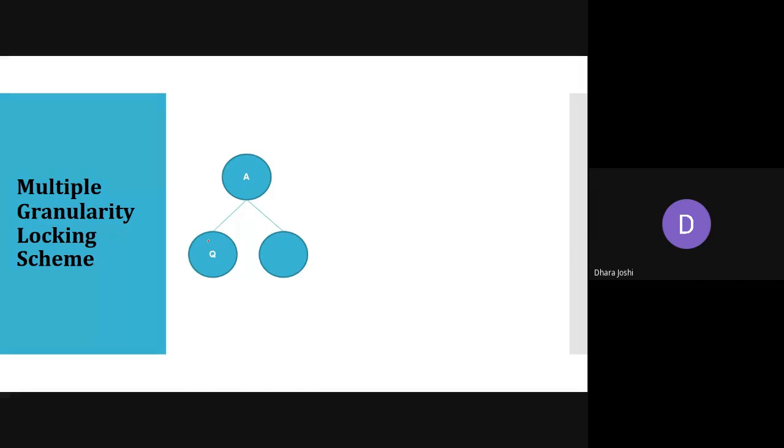If we have this kind of tree structure and I want to lock this node Q, either in the shared mode or in the intention shared mode, then I need to verify that this node's parent is node A. So A should currently be locked in either of these two lock types. This is the rule. If I want to lock node Q in either of these two modes, then I need to verify that the parent of this node is currently locked in either of these two lock types.